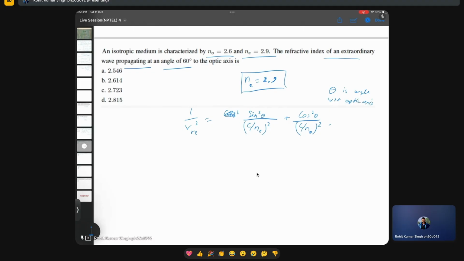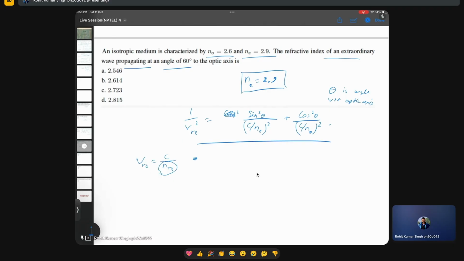Now we know that velocity is given by c by n. So this is the refractive index that we want. You can simplify this.